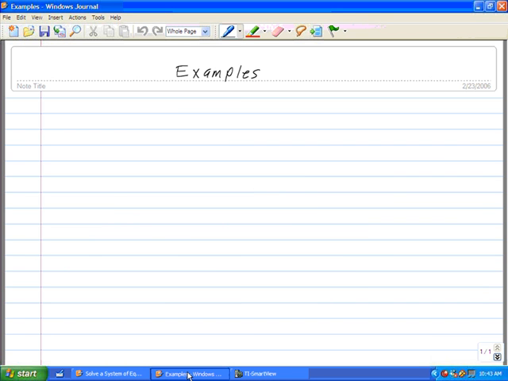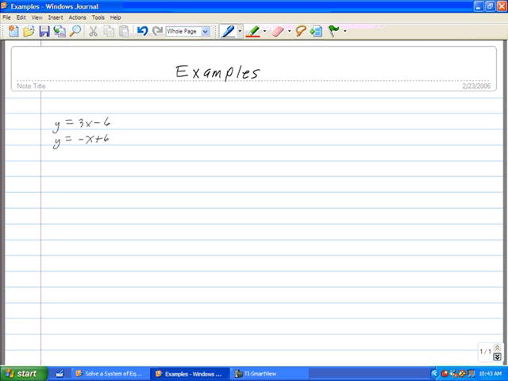Let's look at a few examples. All right. Our first example is y equals 3x minus 6 and y equals negative x plus 6. Now we're going to learn first how to solve these graphically. That will be our approach.